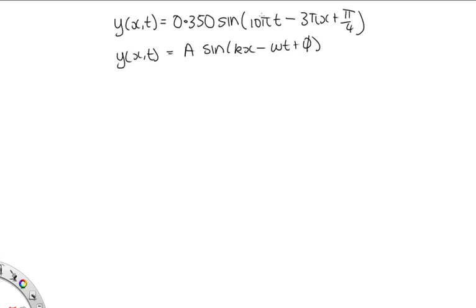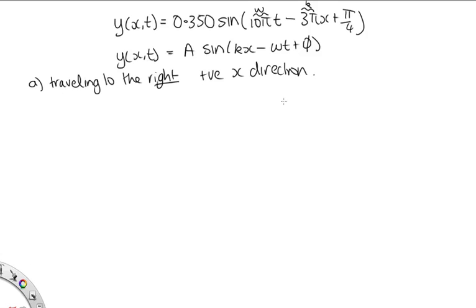So in this case, this is our omega, the number in front of the t, this is our k, and as these have opposite signs, we know that it's travelling to the right, which is the positive x direction.